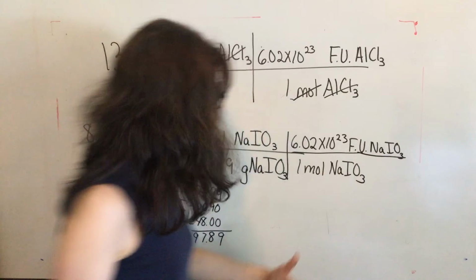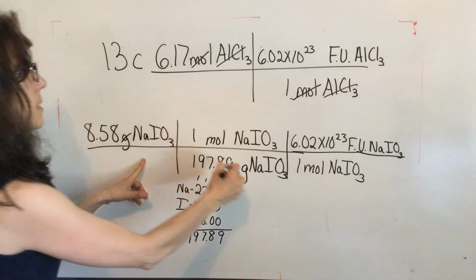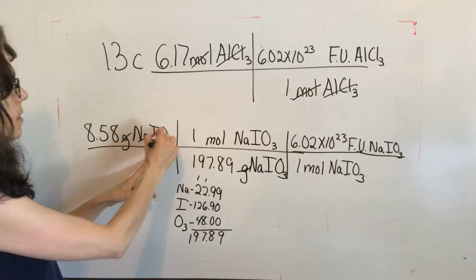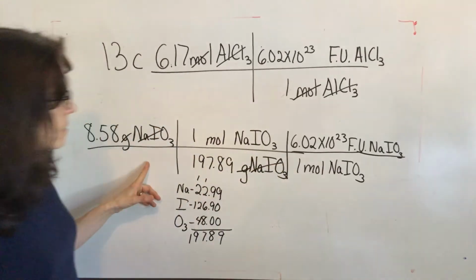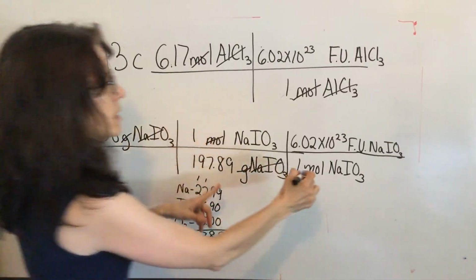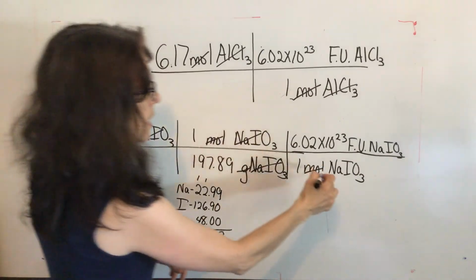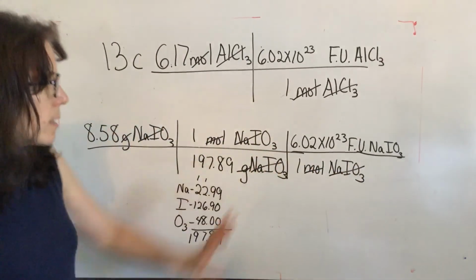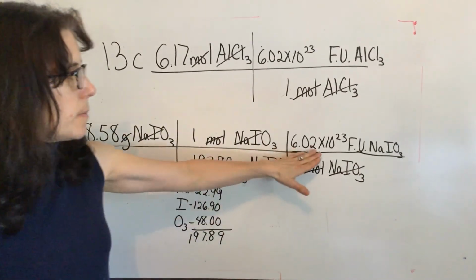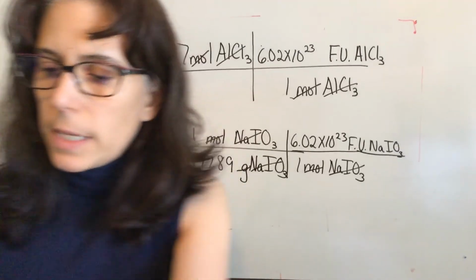Is the setup good? Grams cancels out, the substance cancels out, the mole quantity cancels out, and the substance cancels out again. So my answer, once I do the math, should be in formula units of sodium iodate.